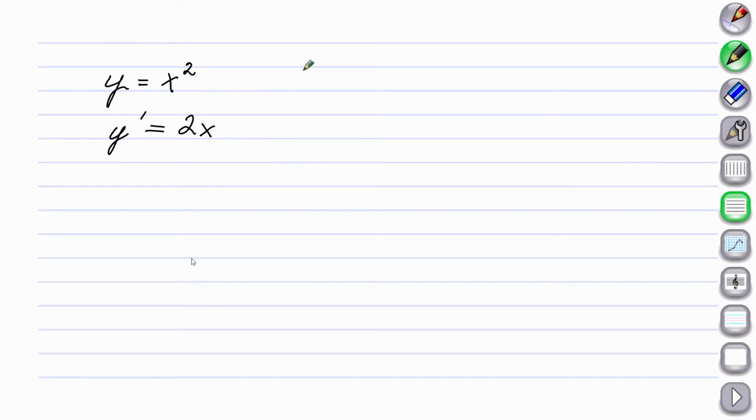So to do that, we use this symbol right here. This is your integration symbol, kind of like an S a little bit. In the book, you can kind of see it.